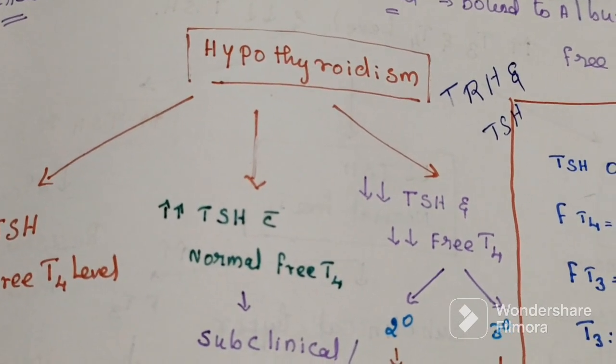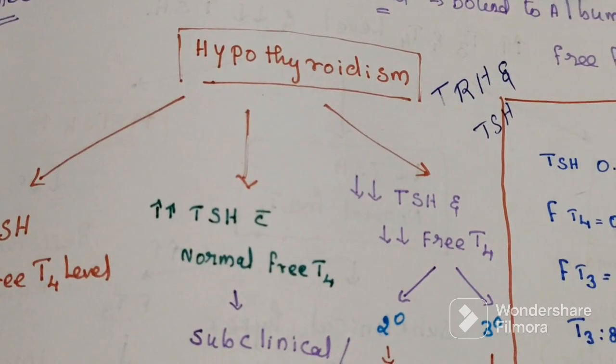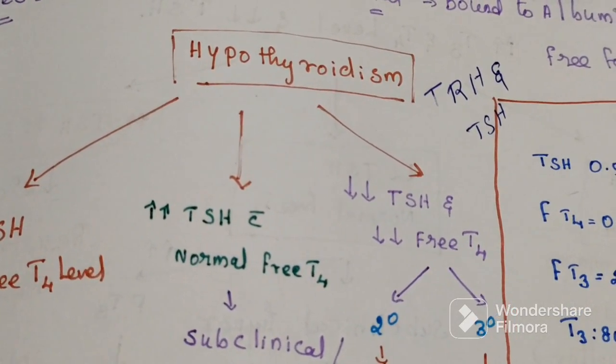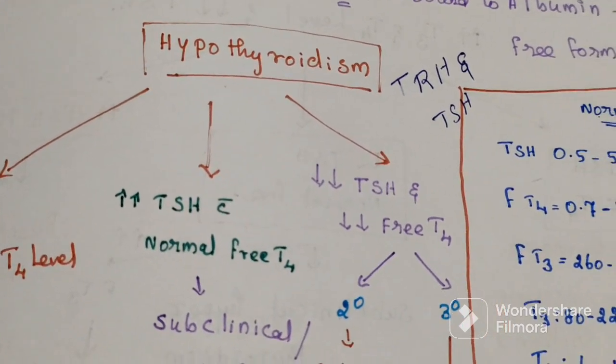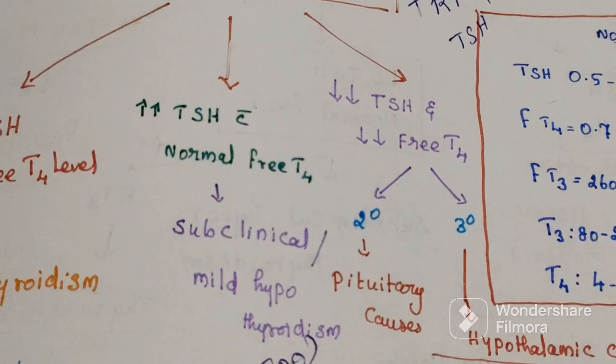And if after giving TRH there is a delayed increase in the TSH level, it indicates hypothalamic cause, tertiary hypothyroidism.